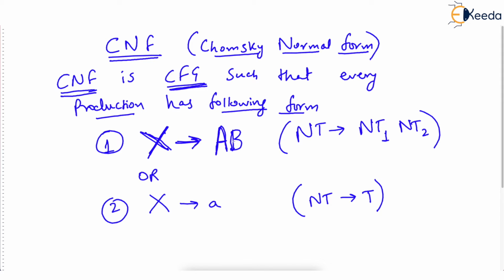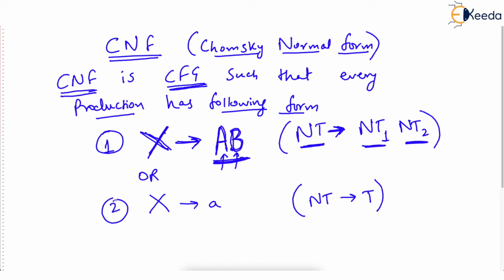On the right hand side, you have exactly two non-terminals. You have absolutely no more symbols on the right hand side. You don't have any terminal. You have one non-terminal followed by another non-terminal.